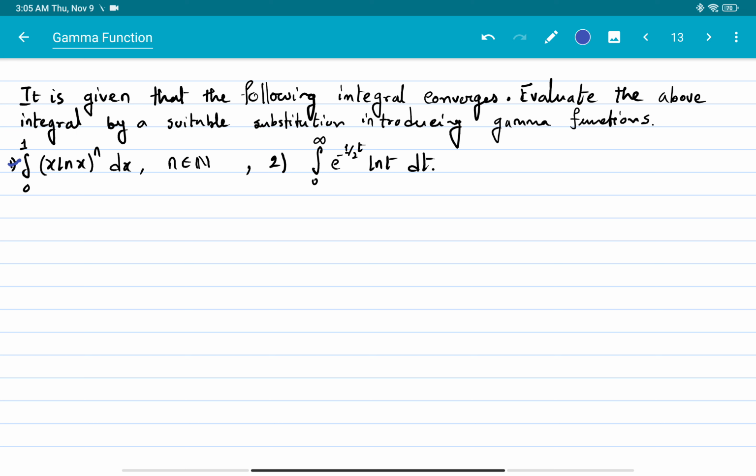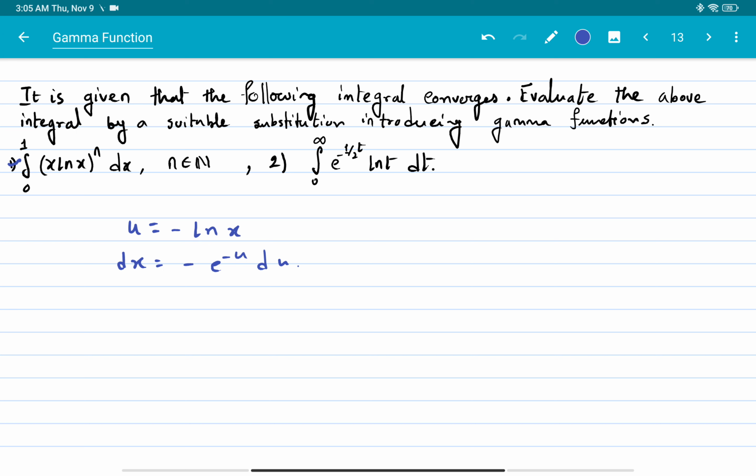Okay, so for this problem number 1 we can substitute u equals to minus natural log of x. So dx equals to minus e to the power minus u du.